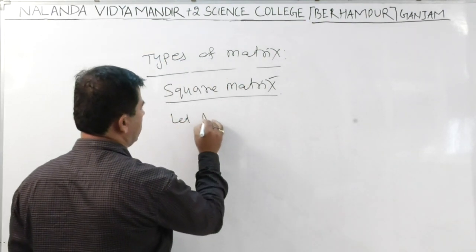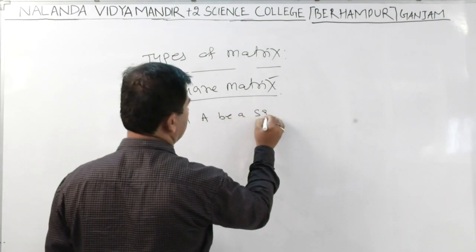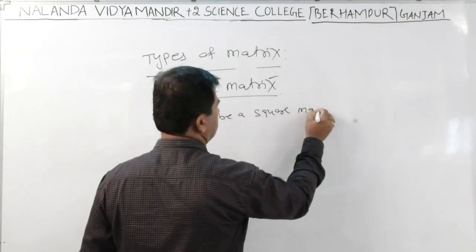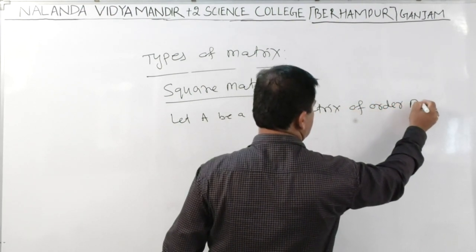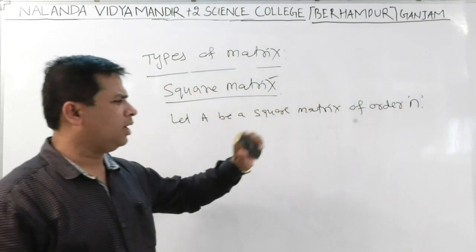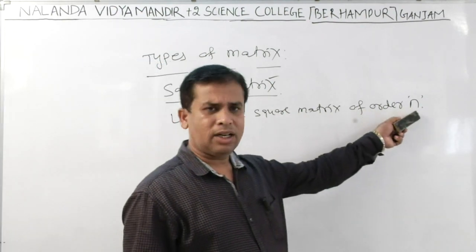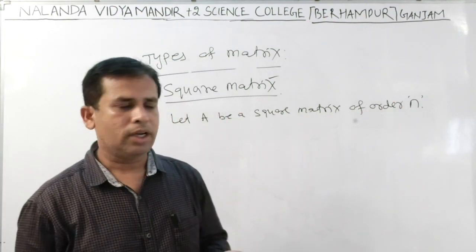Let A be a square matrix of order n. Of order n means the number of rows is n and the number of columns is also n.